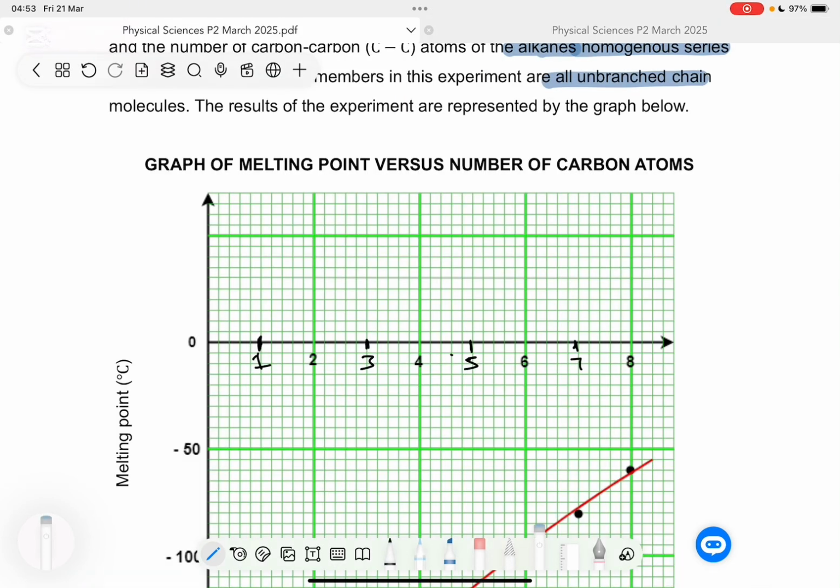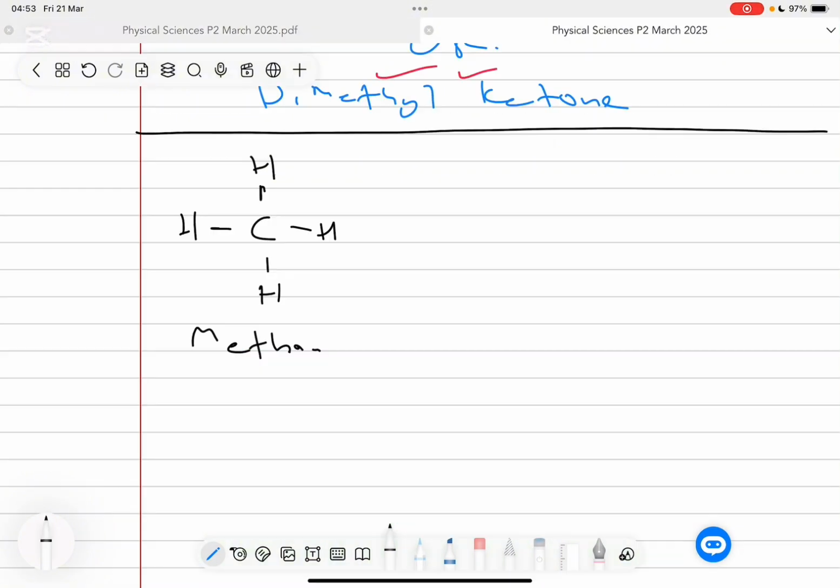And if I have a 2 here, it means now I have 2 carbon atoms bonded together. So here is a carbon-carbon bond, and because it's an alkane homologous series, I only have hydrogens.